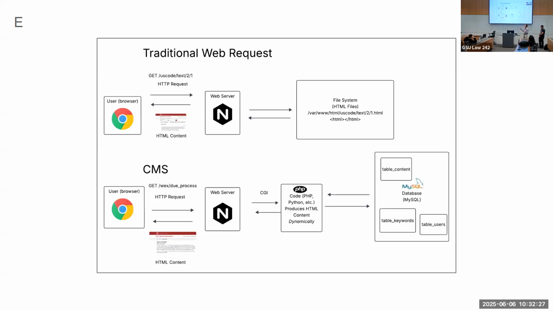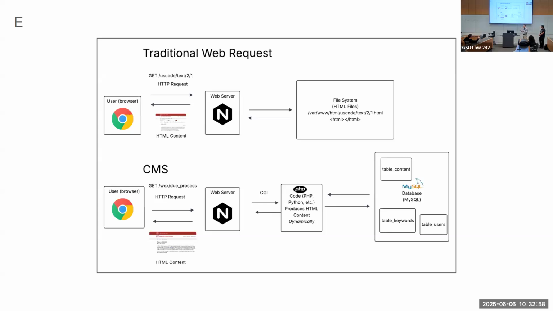A user very similarly makes a GET request to the web server, but this web server is configured to use a web application to serve this request. So it uses something called CGI to pass the web request to some code. We're going to be talking about PHP code, but you could really write a CGI script in any language.